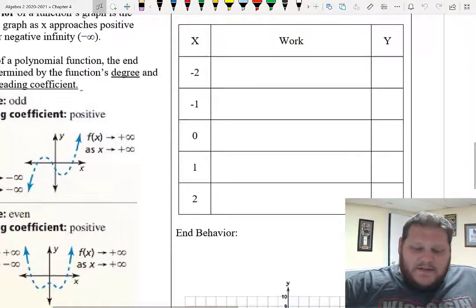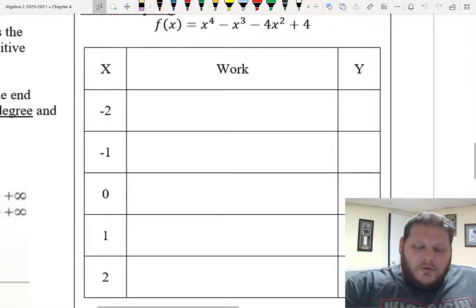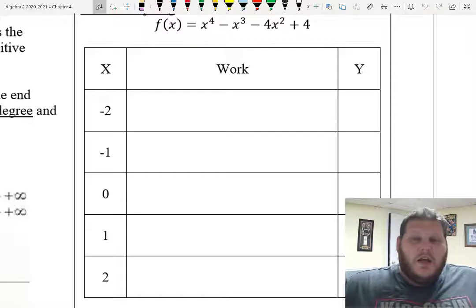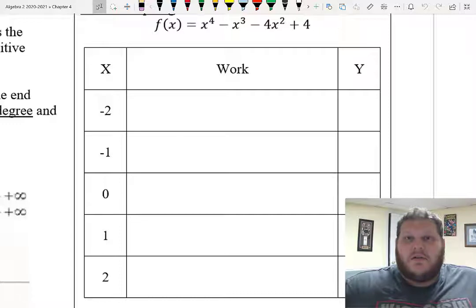So as usual, like we always do when we're trying to figure out what a graph looks like the first time around, I'm just going to suggest plugging in some points. In this case, if we plug in our values from -2 to +2 into our equation, we're going to be able to see, at least for those middle 5 values, what the shape of my graph looks like, and then we'll use the end behavior to describe it the rest of the way.